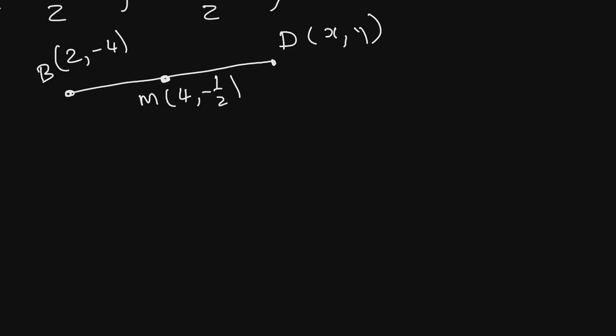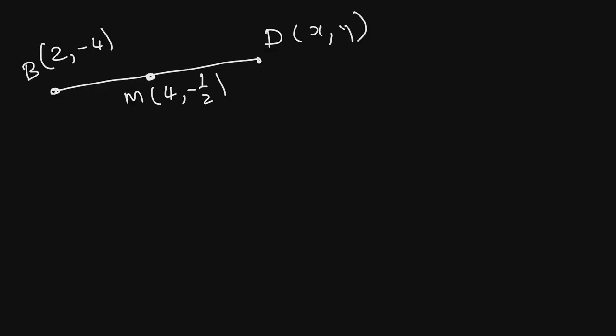So for you to be able to determine the value of x and y, if you have the midpoint and one coordinate, you are going to use the same approach. So remember now, the equation of the midpoint is given as (x, y).